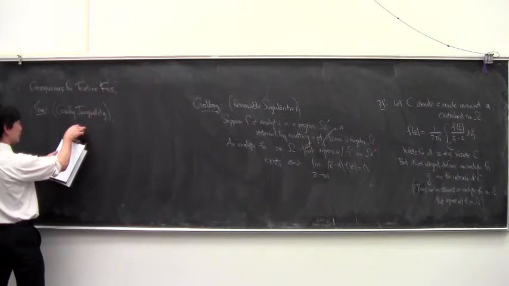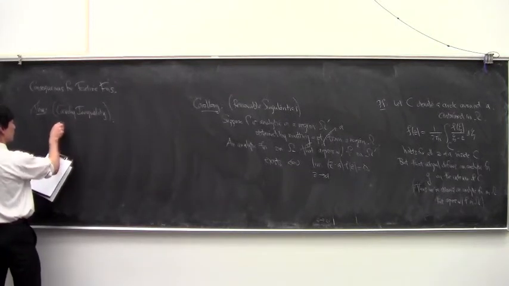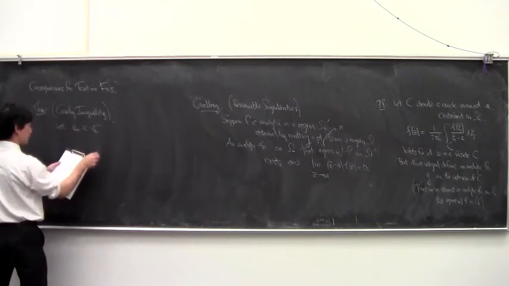We have these bounds called Cauchy's inequalities. Let z naught be some point in the plane.